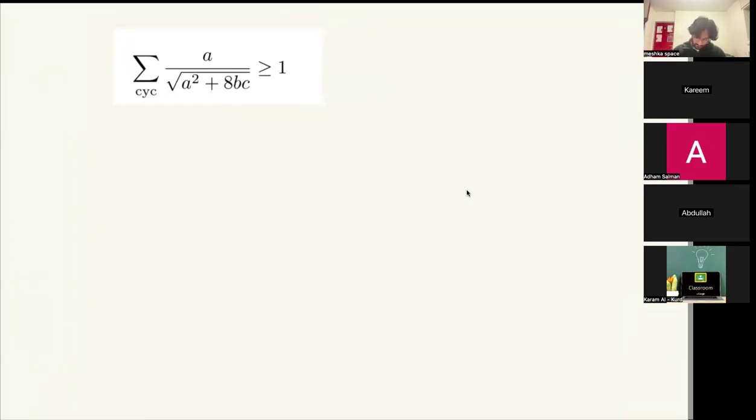Of course, A, B, C are greater than 0, and whatever standard assumptions.